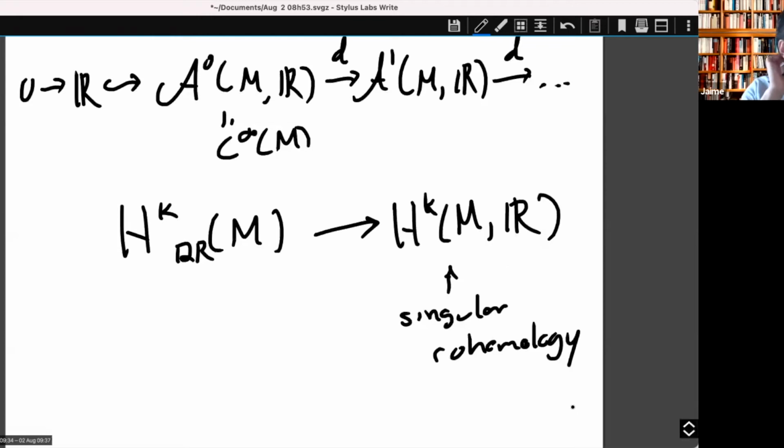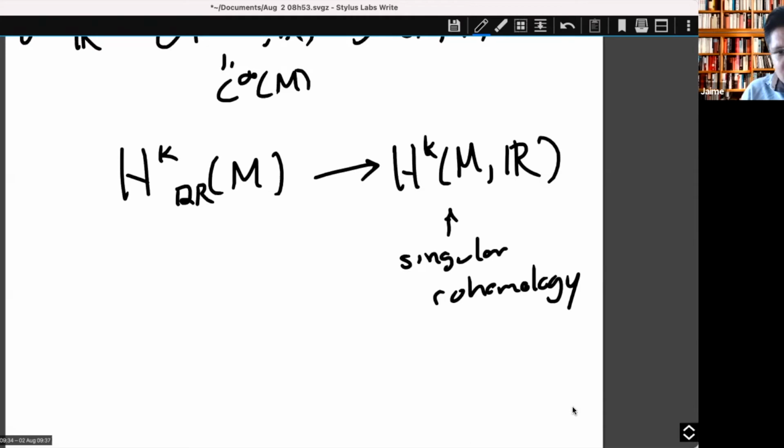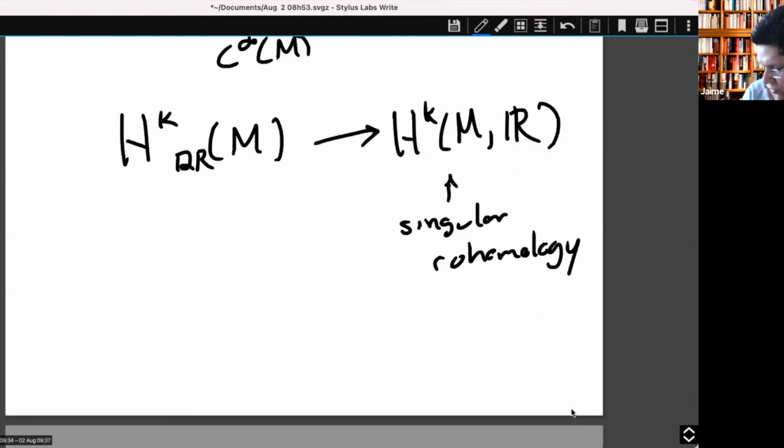And by singular cohomology, I mean the cohomology you take by using chains, cochains in this case, right, over M. And so I shouldn't go to the next topic without saying first a very important theorem.